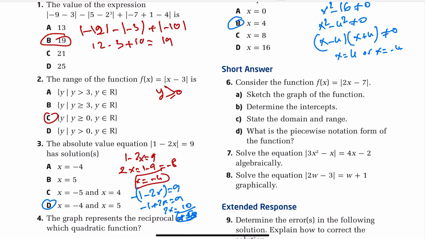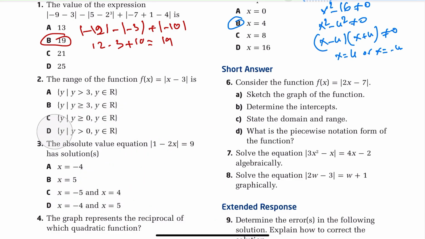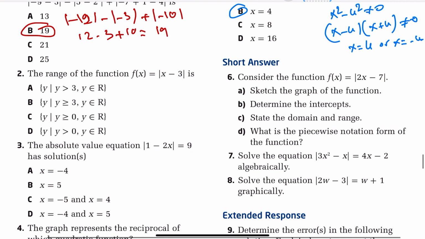So for example, let's remove this from here, and we can draw our axes. This is my x, and this is my y.